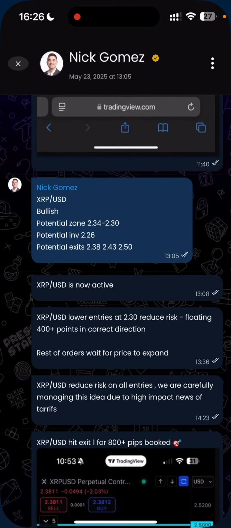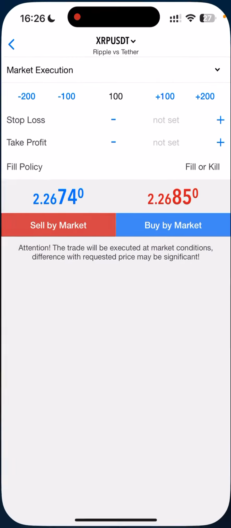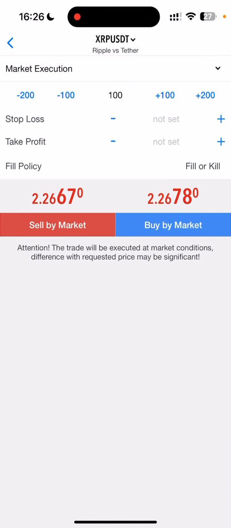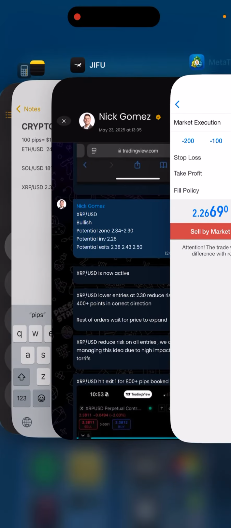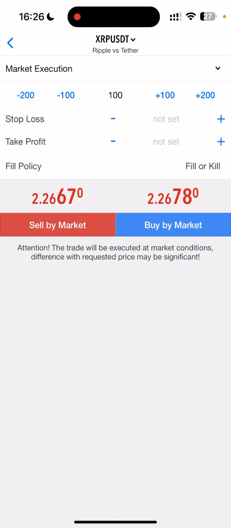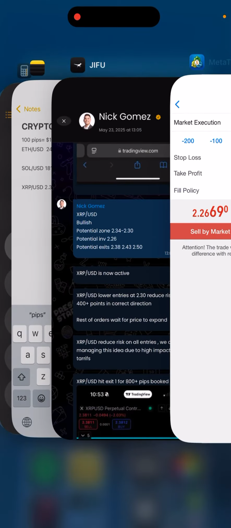Now if there was a trade called out on XRP, you can see that the potential zone was 2.34. There are a lot of numbers in XRP, but I always want you guys to focus on the first 3 digits. The other numbers you don't really need to pay attention to, but the first 3 digits of the market price are what you always want to pay attention to.